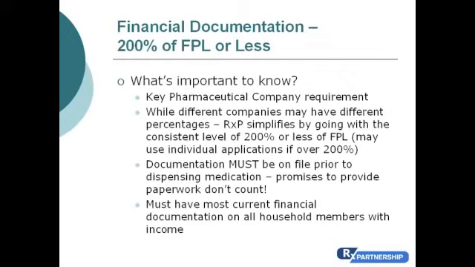As I said, for our partnership, we've gone with a consistent 200% in order to meet the population needs, but also so you're not second guessing which is the right number. The documentation has to be on file prior to dispensing the medication. I put in here that promises to provide paperwork don't count. We find that people are well-meaning and they're certainly going to get that to you right away.